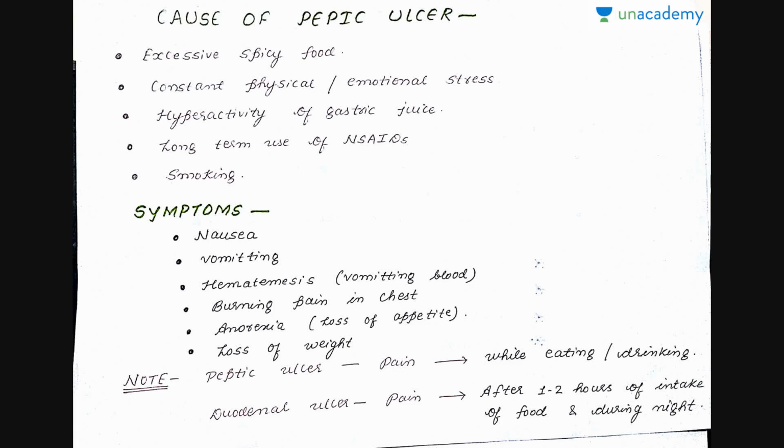Here is a point to be remembered in peptic ulcer: if the pain occurs in a person while eating or drinking, that particular time, then it is a gastric ulcer. But if the pain occurs 1 to 2 hours after the intake of food or during the night, then it is a case of duodenal ulcer. This is a differentiation point for all.